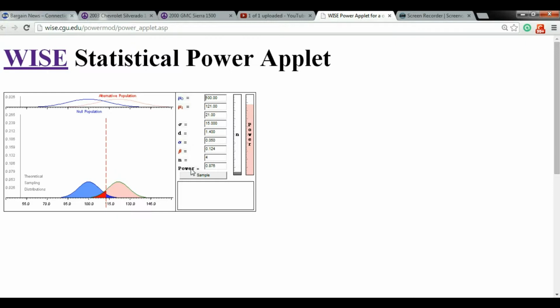In this case it's 0.876. Beta is the probability that we make the wrong decision when the null hypothesis is false. That's 0.124. If you add those two together, you wind up with 100%. So the probability of making the wrong decision plus the probability of making the right decision add up to 100%.